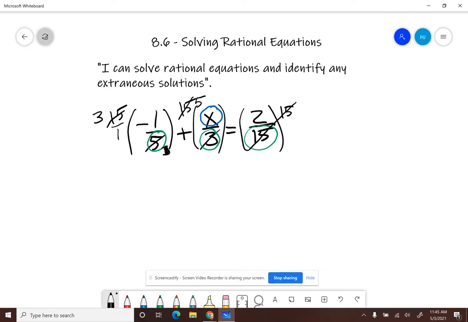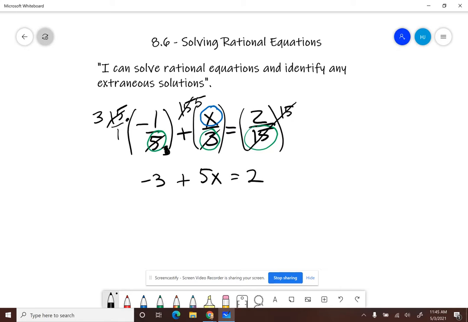What I want you to notice is what just happened to our problem. All of the denominators just got eliminated, okay? Now I'm left with negative 3, because I have 3 times negative 1, plus 5 times x equals, very simply, 2.